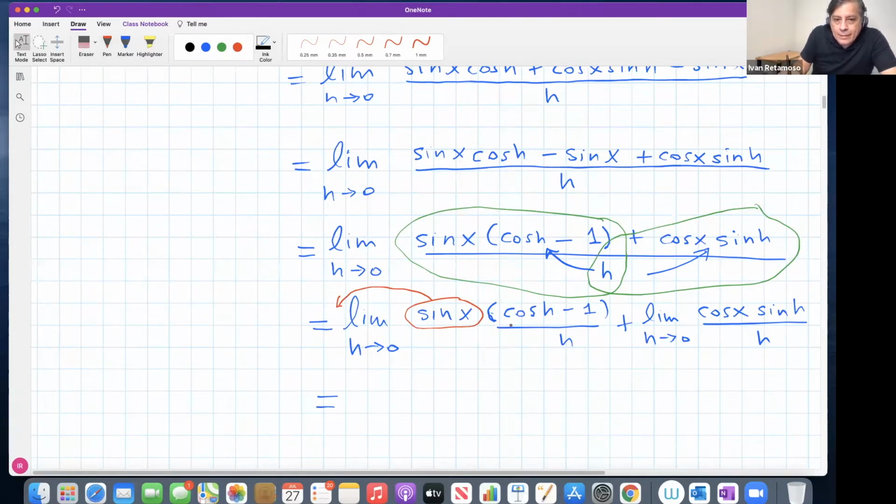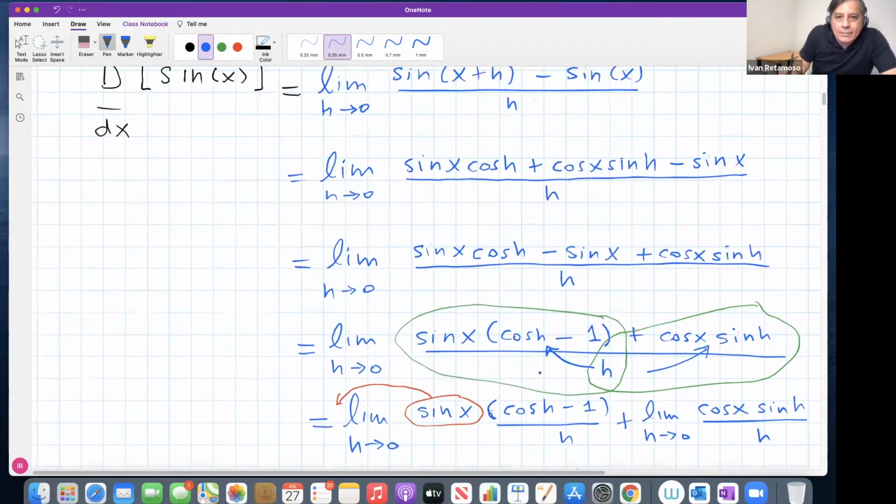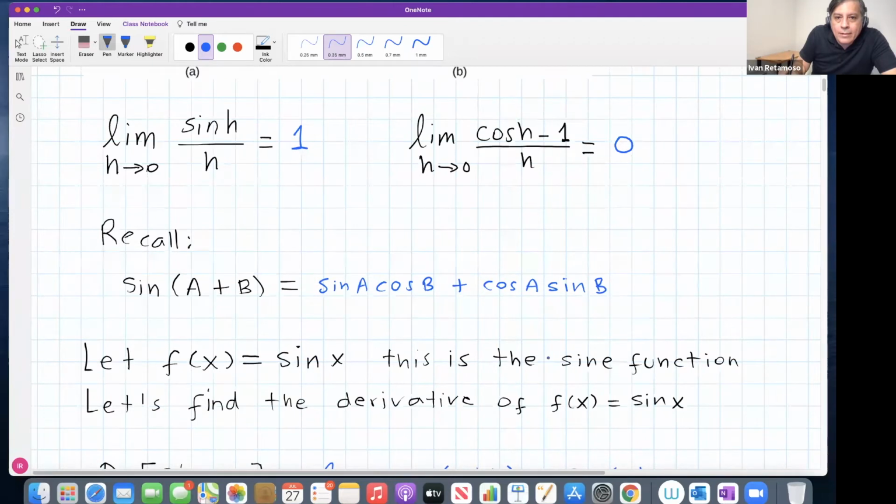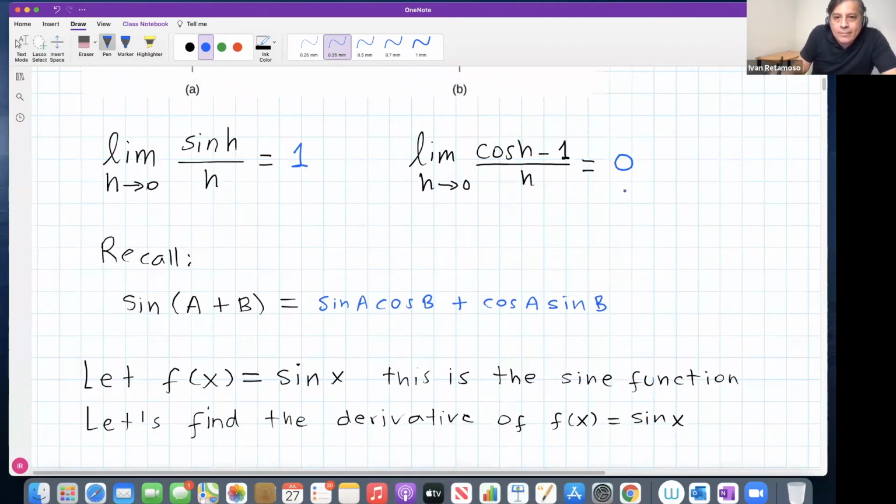So we're going to have sine of x outside, multiplied by the limit as h approaches 0 of this part. And Professor, why are you trying to get this? Well, because I have this result here. On top, look, I have this, it is 0.